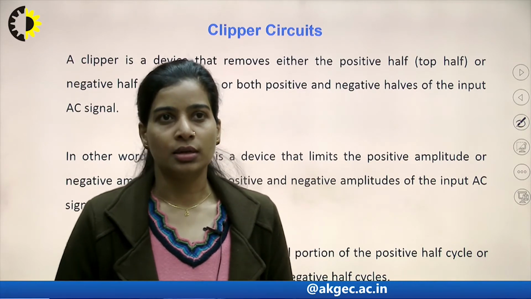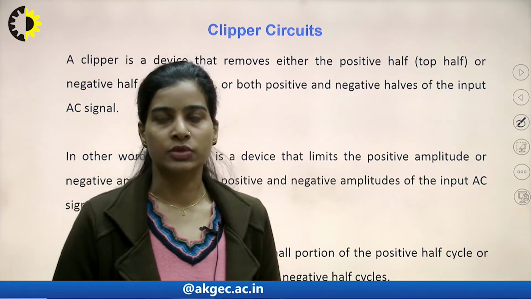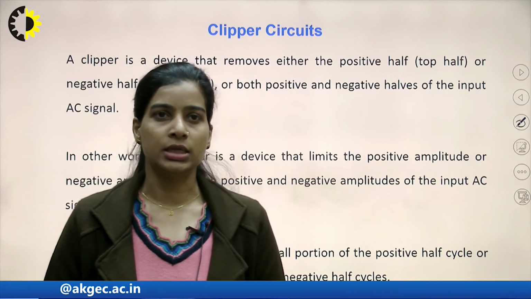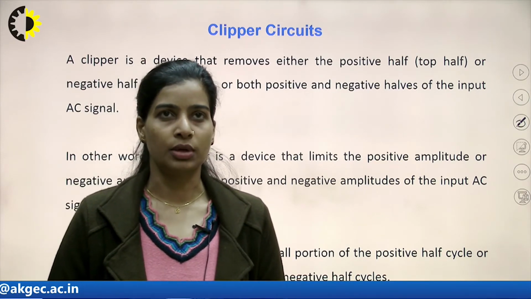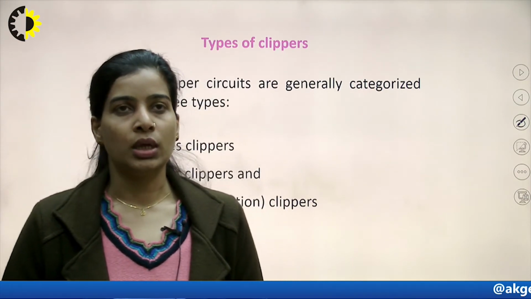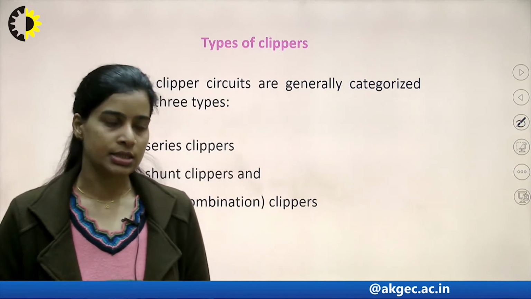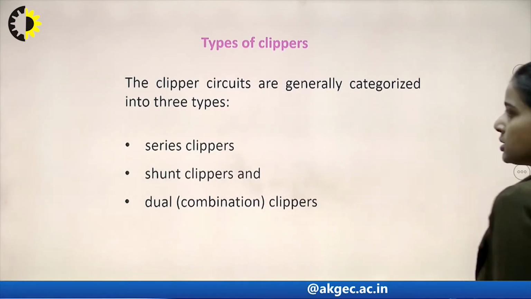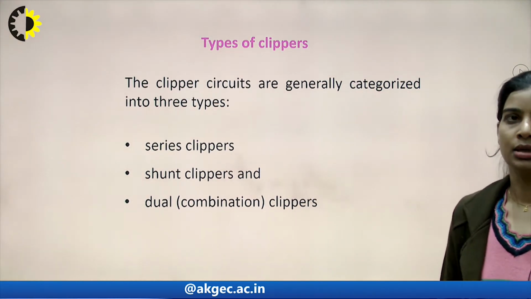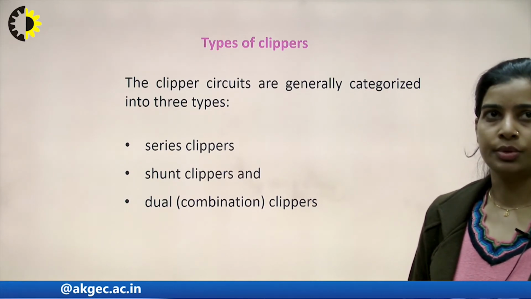The clipper can be a positive clipper if it clips out the positive cycle, and a negative clipper if it clips out the negative half cycle of the input. As per the requirements, we use different types of clipper circuits: series clipper, shunt clipper and dual clipper circuits, which are a combination of series clipper and shunt clipper circuits.